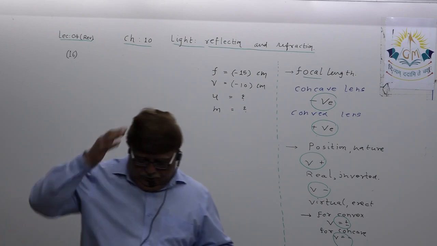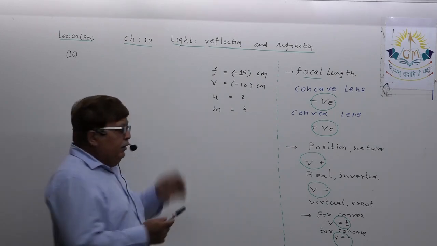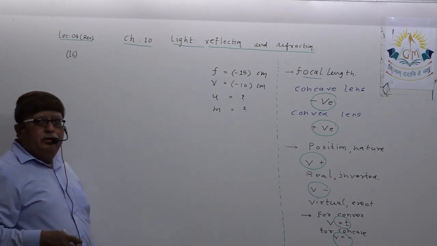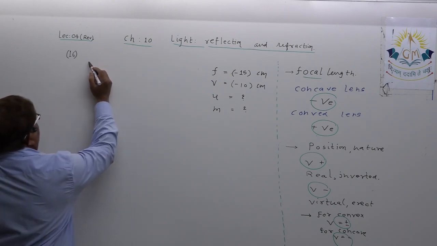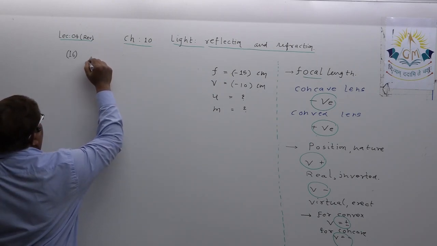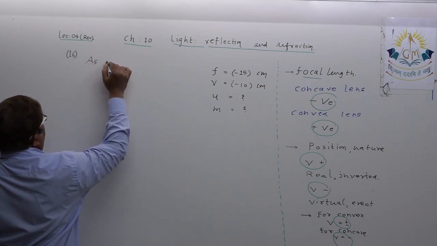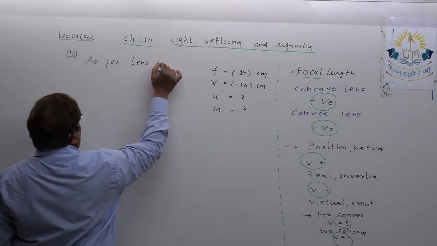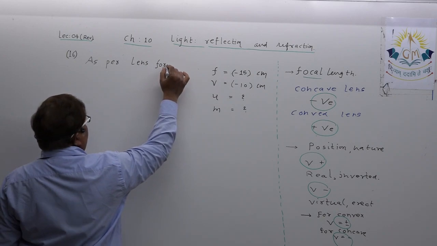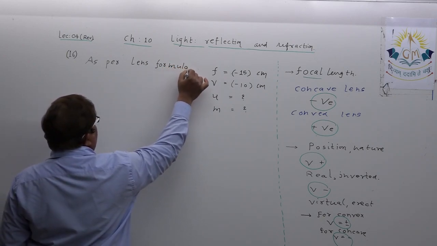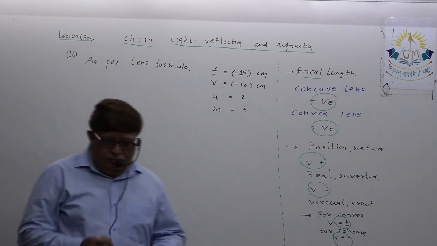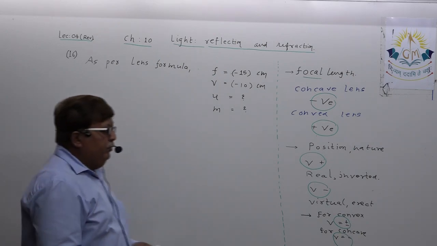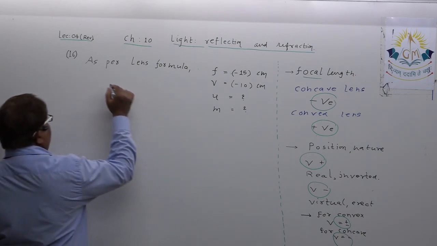Now, as you all know, what I told you that whenever you start any example, you need to mention what here because it is lens, you need to mention as per lens formula. Okay, you must be remembering the lens formula, dear student. Okay, let us substitute the formula.